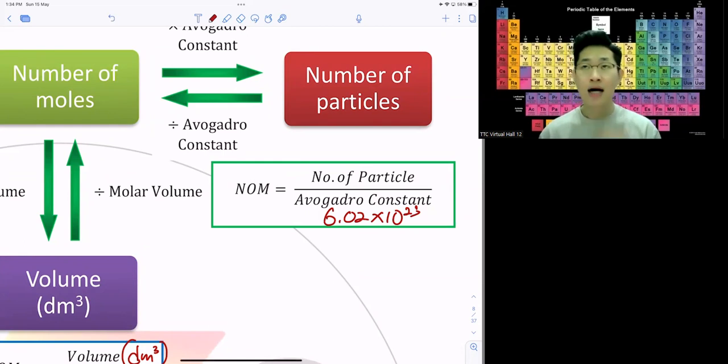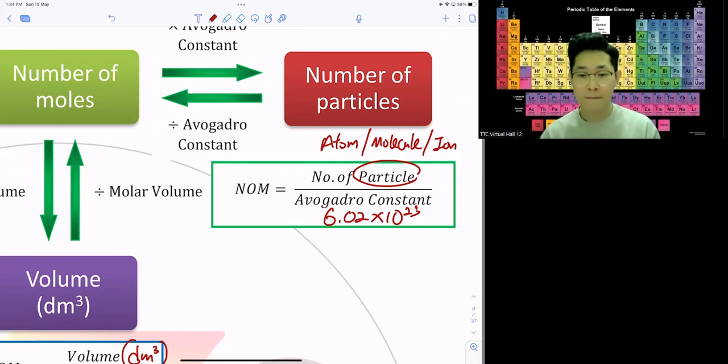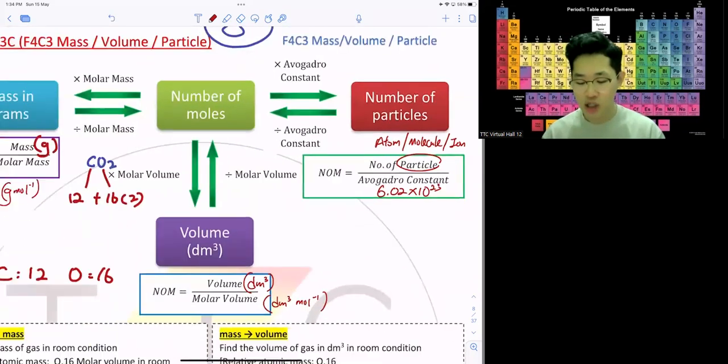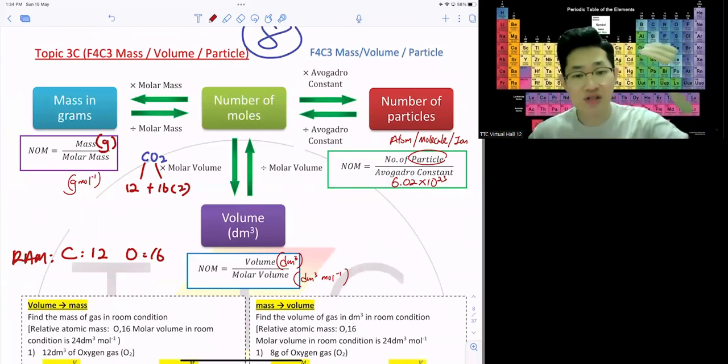The common units for particles can be atom, molecule, or ion. So you must know all the units for what they want to calculate in mass, volume, and also particles.